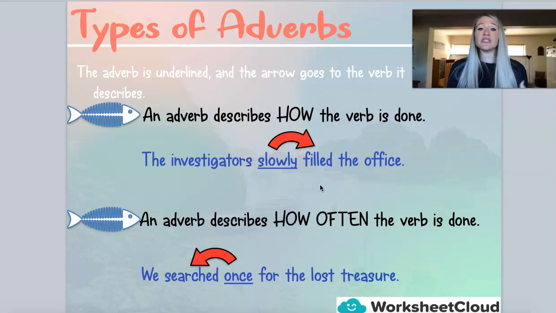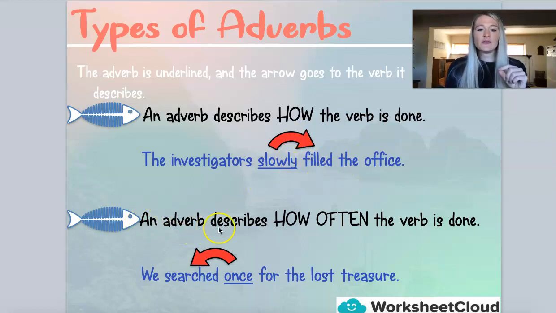It was being filled slowly. In all of these sentences that I'm going to show you as an example, as the instruction says, the word that is underlined is the adverb, and the arrow points to the verb. So, it gives us a little bit more information about the particular verb.